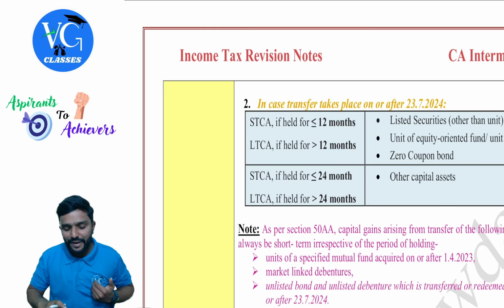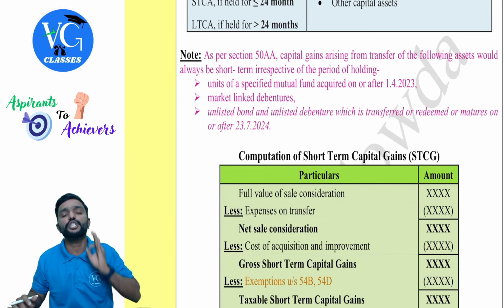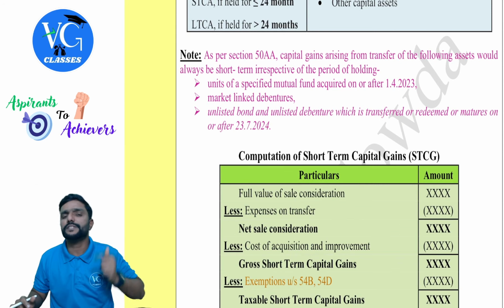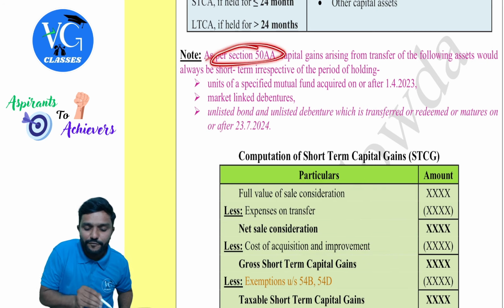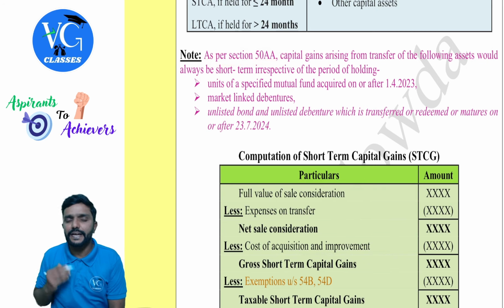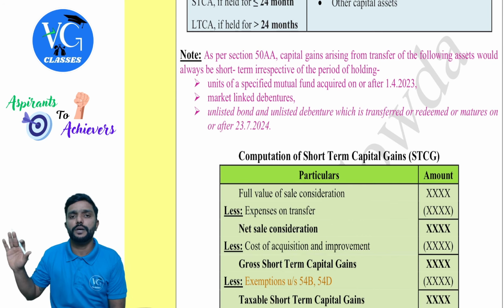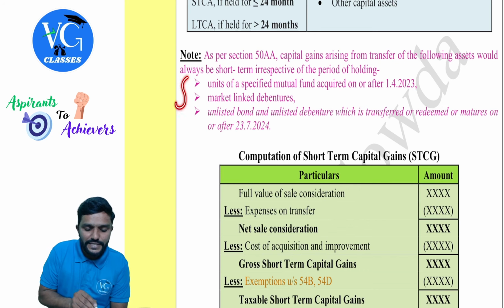Yes, sir. But there are a few cases where you will always compute short term capital gain irrespective of the period of holding, guys. As per section 50AA, there are three categories of assets covered here. When they are transferred, it is always short term; we need not even check the period of holding. Which are those three assets, sir?